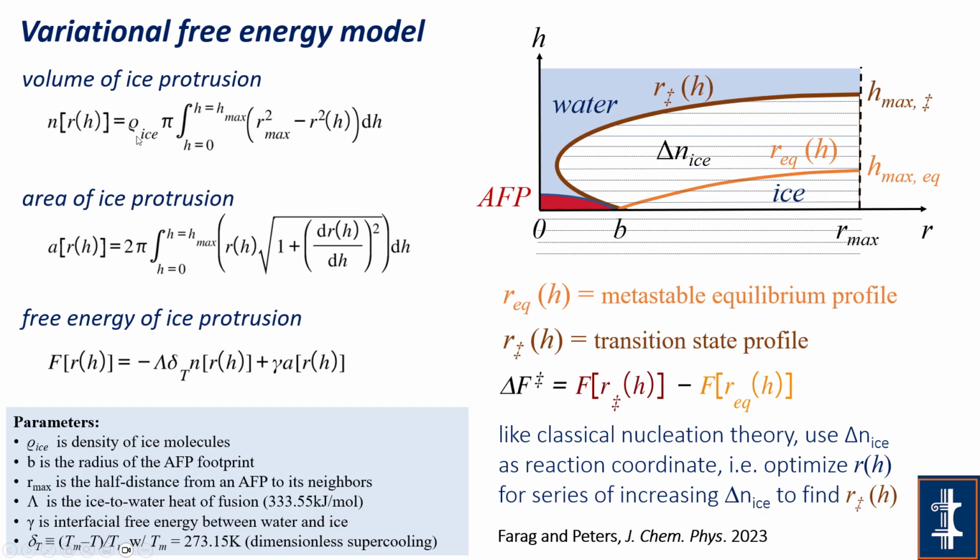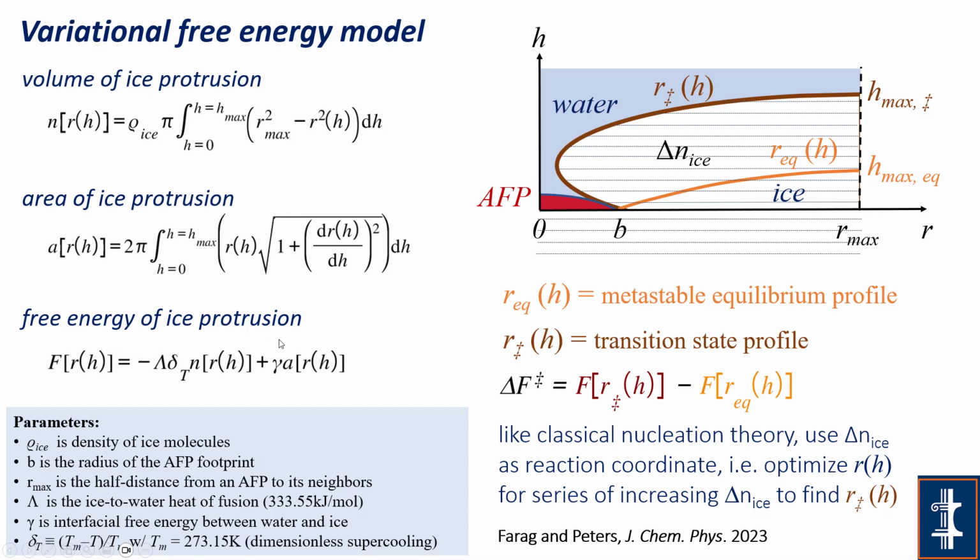We have our volume of the ice protrusion in polar coordinates, and the area of that ice protrusion. We use those to construct a free energy of the ice protrusion in terms of the latent heat, the supercooling, and the interfacial free energy, with those area and additional-ice functionals. And then we construct a Lagrangian, basically to minimize the Lagrangian subject to the requirement of a certain amount of additional ice, and find the optimal shape of the ice-water profile.